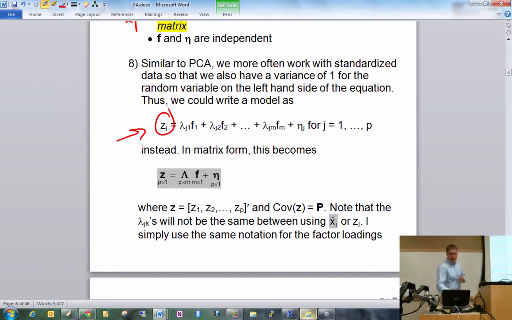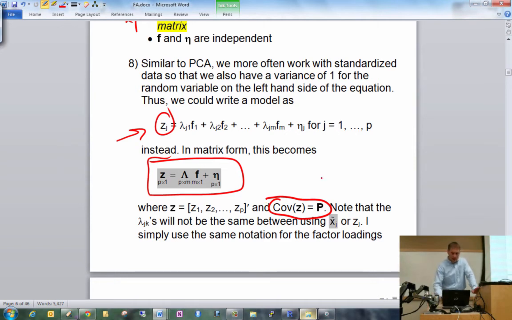Okay, so this is what our factor analysis model looks like. Matrix form, with now a vector z on the left-hand side. One important thing to remember with this kind of model, when you're working with standardized data, is that the covariance matrix for z is equal to the correlation matrix for the x's, which equivalently would also be the correlation matrix for the z's.